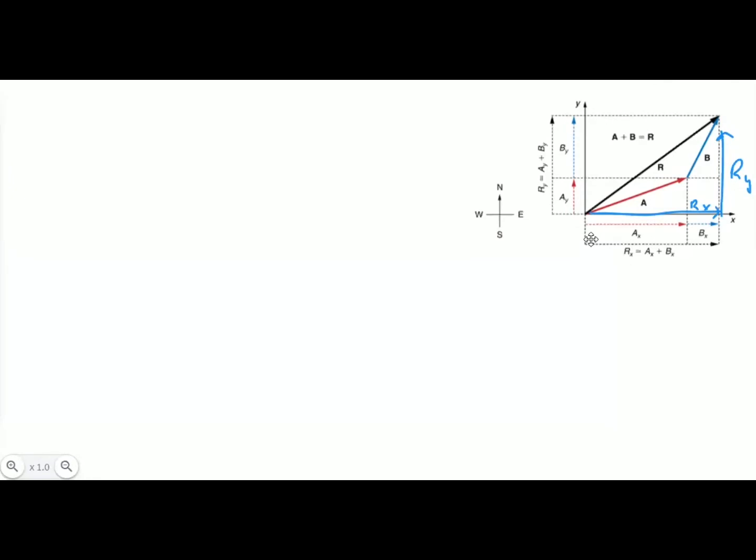So from the right angle triangle, if we use the Pythagoras theorem, the square of the hypotenuse side is equal to the square of the base plus the square of the perpendicular side. The hypotenuse side is the resultant vector R, so R square will be equal to the base, which is RX square, plus RY square.